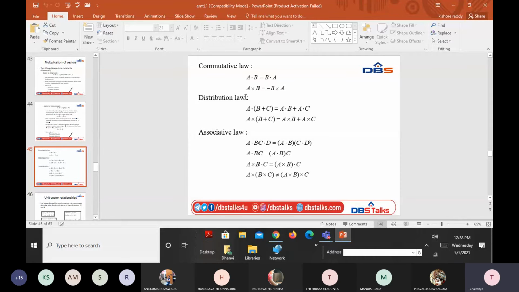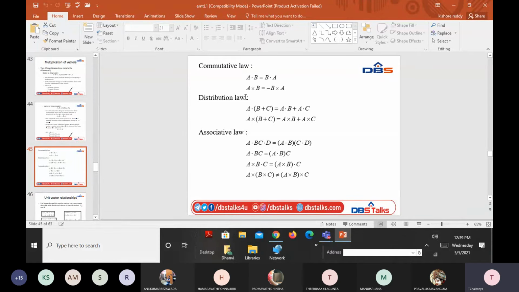Commutative law is A dot B equal to B dot A. Coming to the curl, A cross B equal to minus B cross A. This is the commutative law, and the distributive law is A dot (B plus C) equal to A dot B plus A dot C, or A cross (B plus C) equal to A cross B plus A cross C. So these are the distributive as well as the commutative laws.